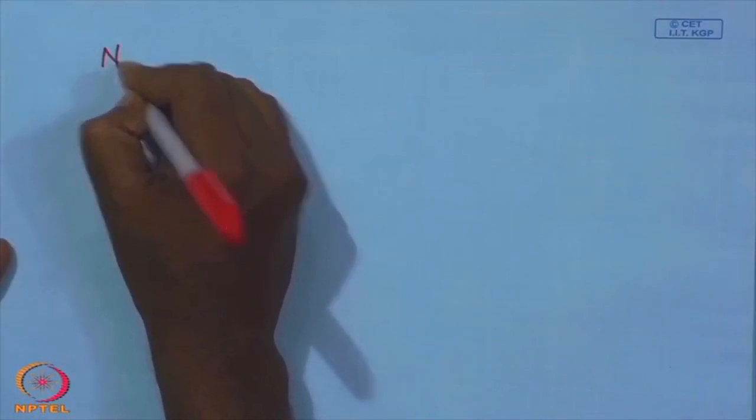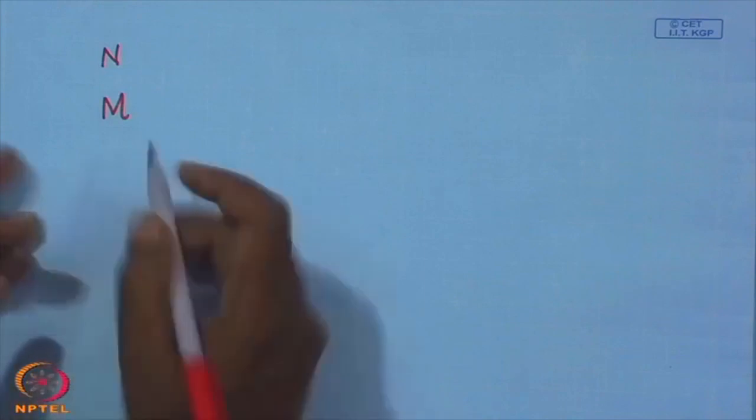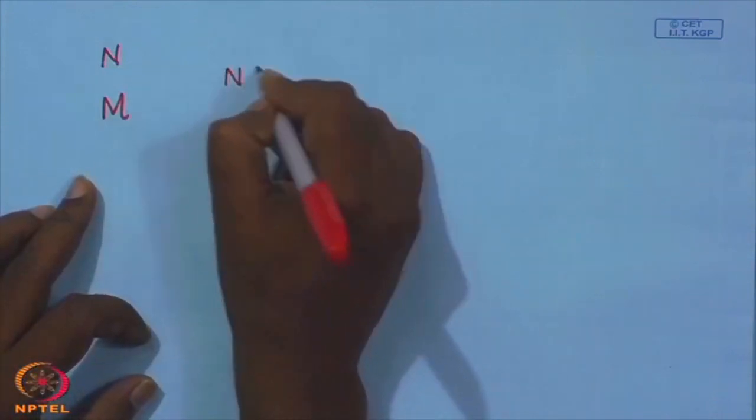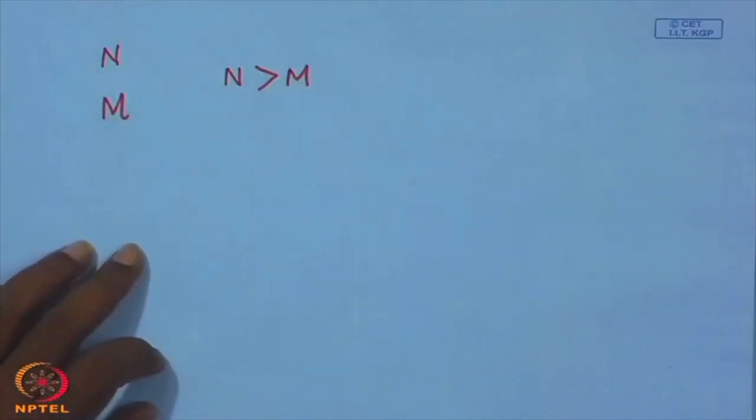So, if I have m number of nodes in the hidden layer and n number of feature vectors given for training, obviously n has to be greater than m. Otherwise, clustering n feature vectors into m clusters does not make any sense. I have to have more feature vectors than the number of clusters that I am to form.